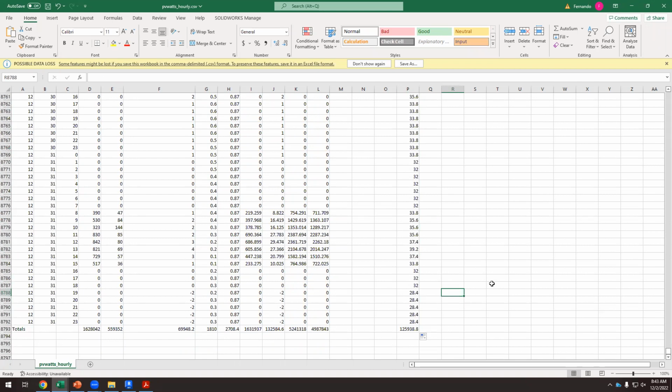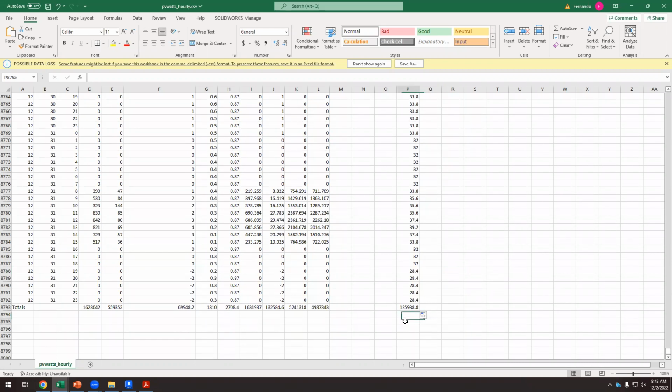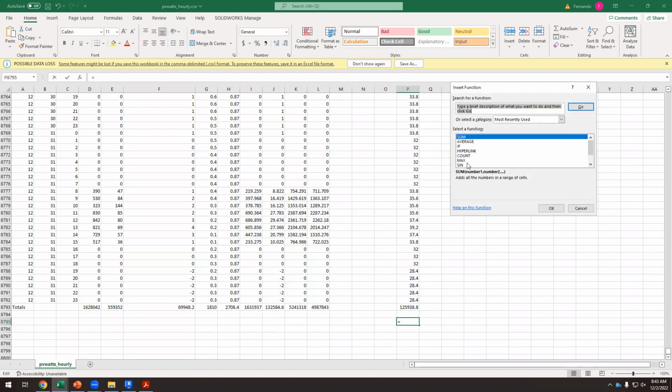So now, what day is the coldest day in winter? We don't know. It might be January the 1st or January the 13th or January whatever. So there's a very useful function here, which is, for example, the minimum.